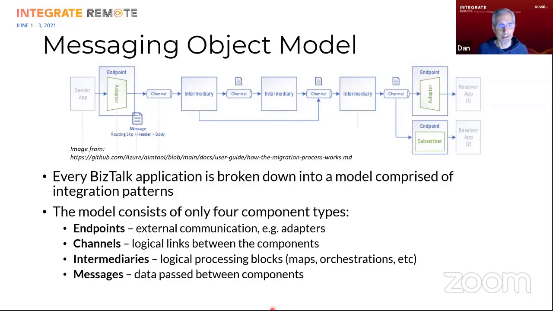It has intermediaries, which are the actual processing blocks. So that could be either a map or an orchestration or a pipeline component. The channels are the links between each of those intermediaries. And of course, the messages themselves are the data that's passed between those components. And if you think about it, any integration solution can be broken down into those 4 components.